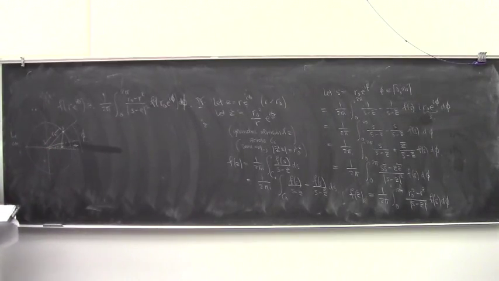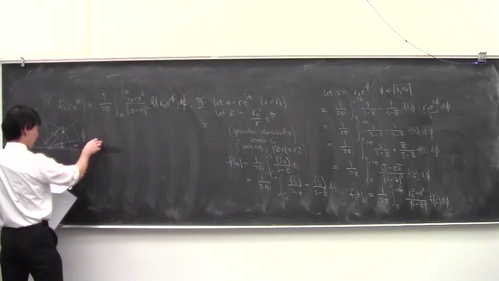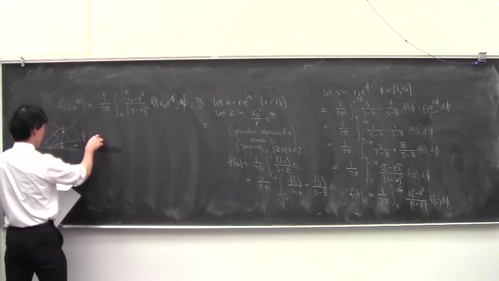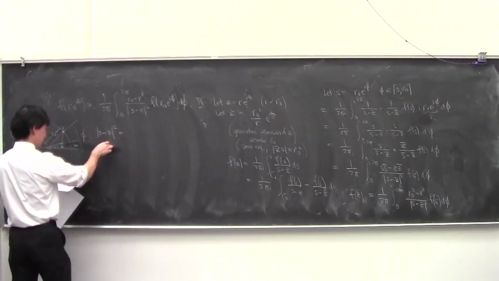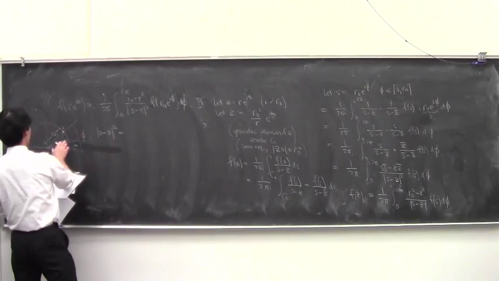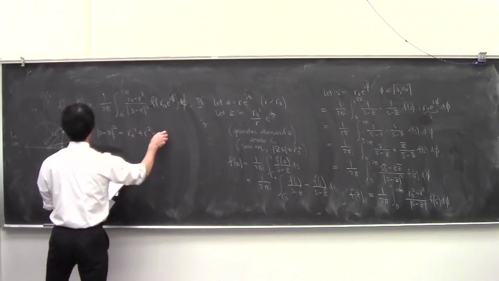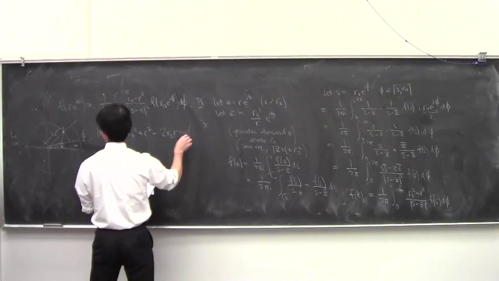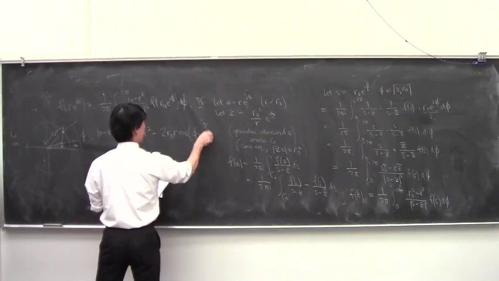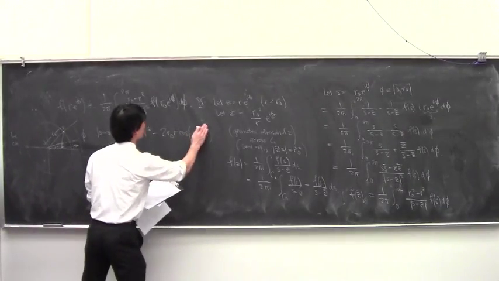So you just use the law of cosines, and you say the modulus of s minus z squared equals r naught squared plus r squared minus 2 r naught r times the cosine of the angle, which is phi minus theta. That's the law of cosines.